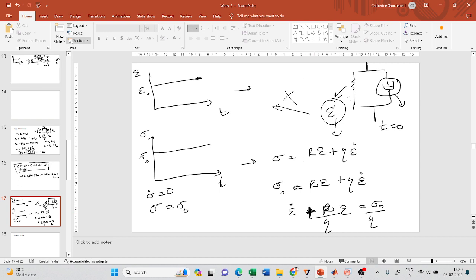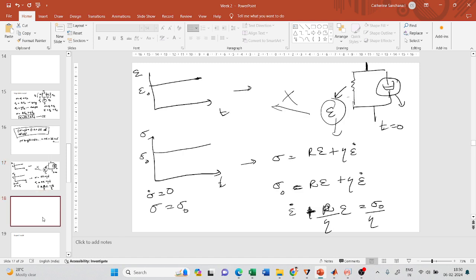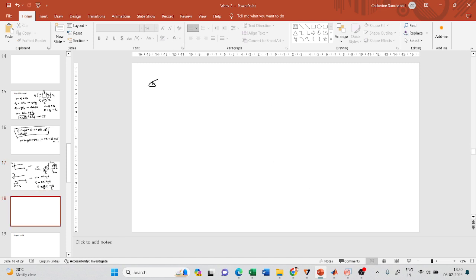Okay. Now how will I solve this differential equation? This is a first order non-homogeneous differential equation. Why is it non-homogeneous? The right hand side is not equal to 0, right?